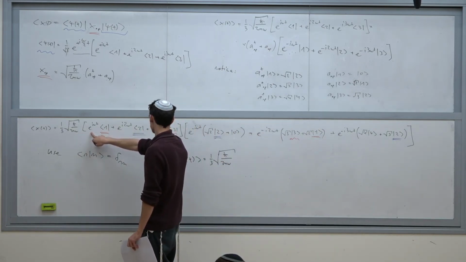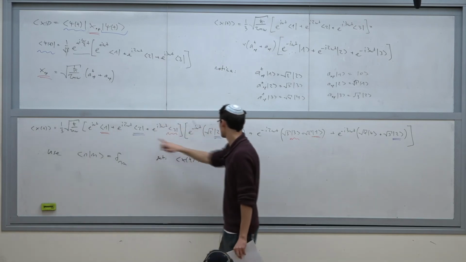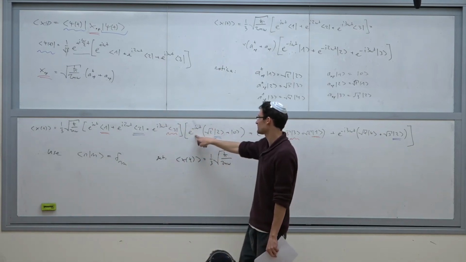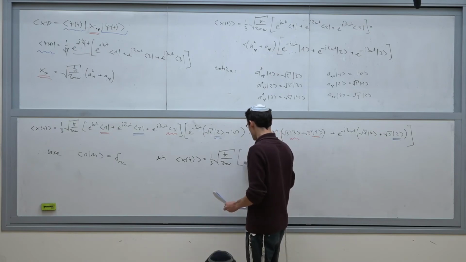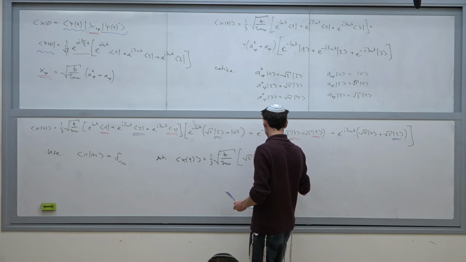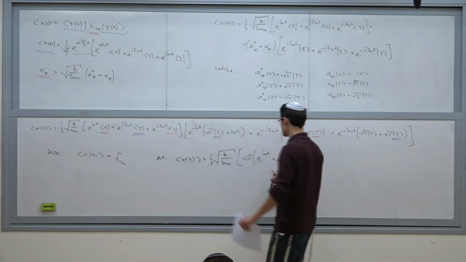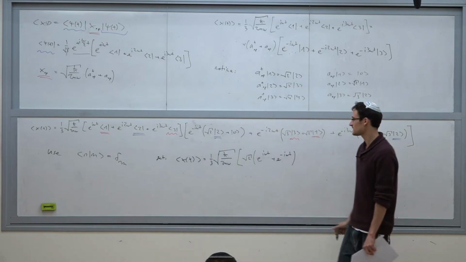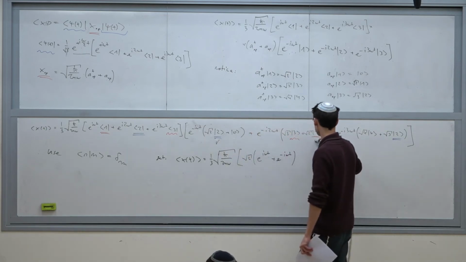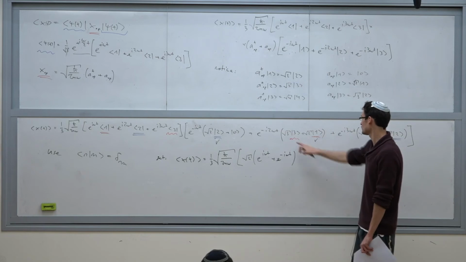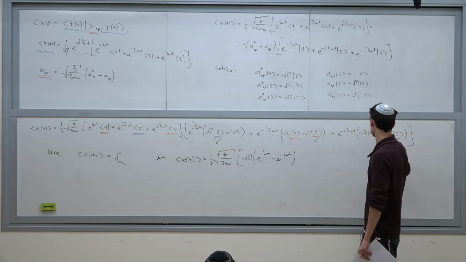And when this 2 multiplies this 2, we get root 2 times e to the minus i omega t. So we have root 2 times e to the i omega t plus e to the minus i omega t. That's 2 terms already. That's this term and this term. And then there's 2 more. They both give a root 3.